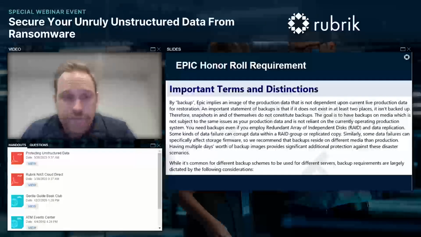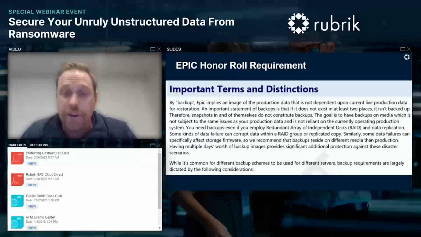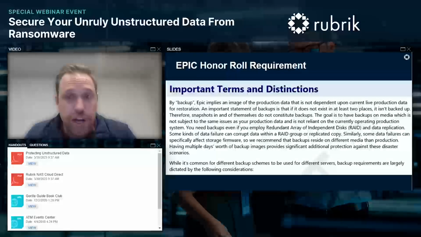All right. Diving deeper into it. What we're seeing is that cyber insurance providers are now mandating that snap and replication does not truly protect your data. Now, probably not everyone here is in the healthcare space. Probably not everyone has Epic.